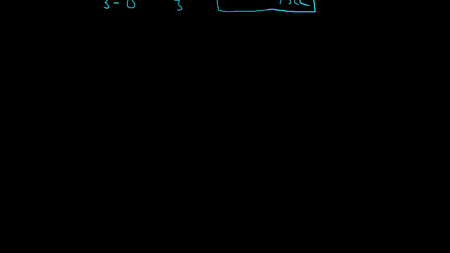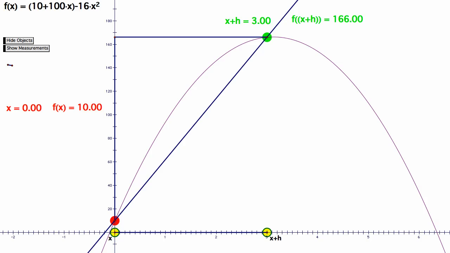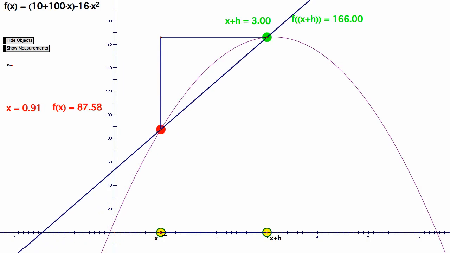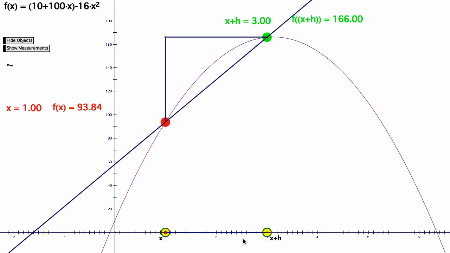Okay, well, let's change the problem then. Let's change it to: what is the average rate of change of this object between 1 second and 3 seconds? Once again, I can calculate the distance traveled, and the distance traveled here is going to be from 93.84 to 166. If I subtract those two, that's going to give me the distance traveled, divided by the time it took to go there.